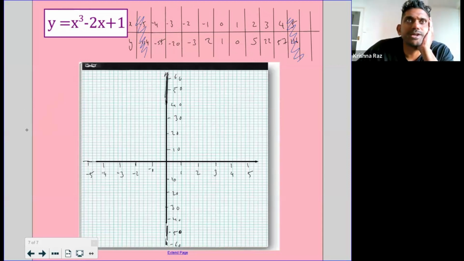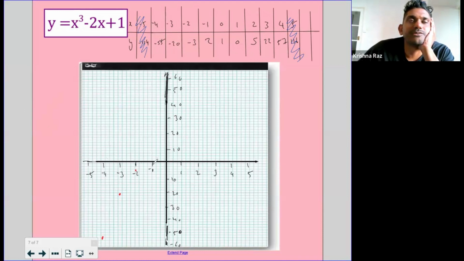So we have the point minus 4, minus 55, which will be about there. Then minus 3, minus 20, about there. Minus 2, minus 3, about here.